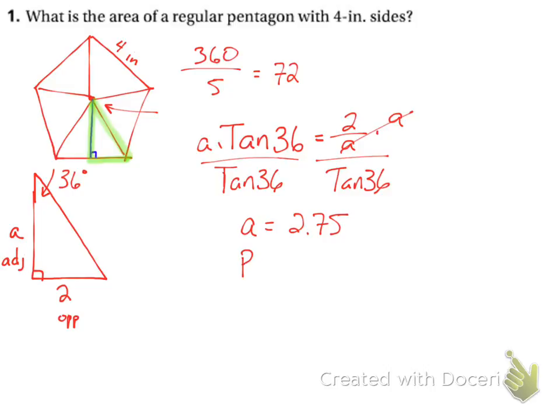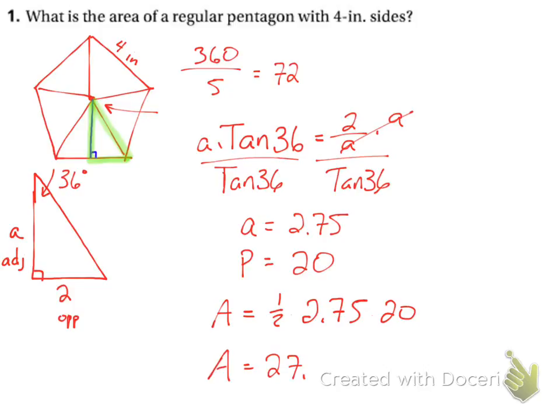And then my perimeter, I've got 5 sides that are all 4, so my perimeter will be 20. So area is equal to 1/2 times my apothem, which is 2.75, times 20. I get 27.5. These are inches, so square inches.